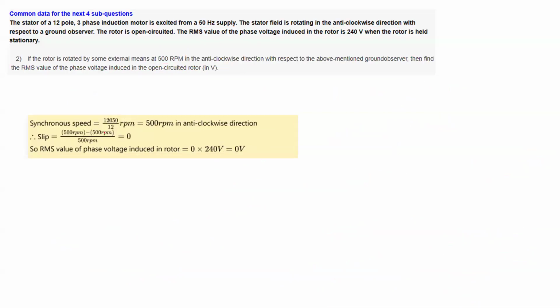Now here, we found out Ns from the earlier question for the same data. Ns is 500 RPM in anti-clockwise. What is Nr? Now they are saying 500 RPM in anti-clockwise.